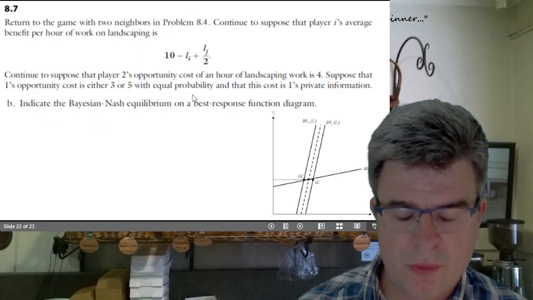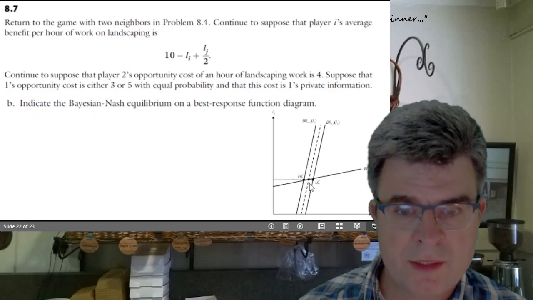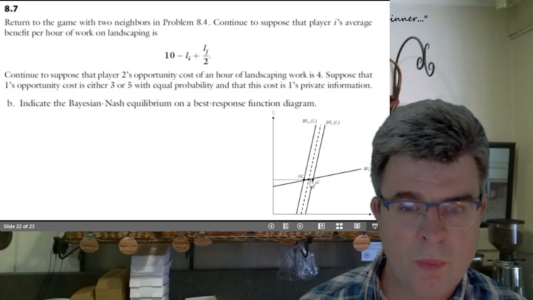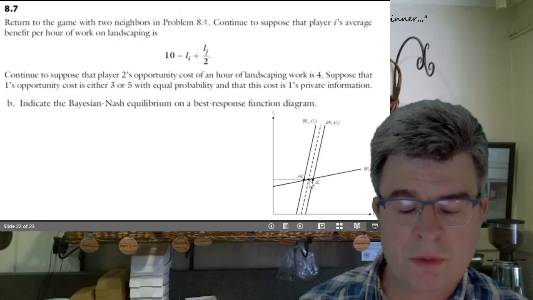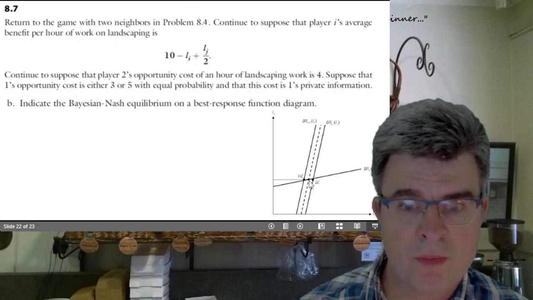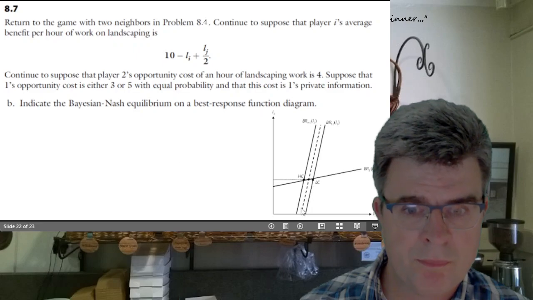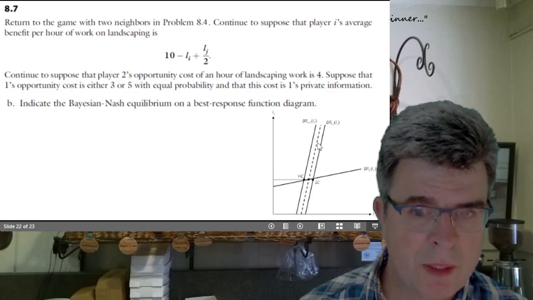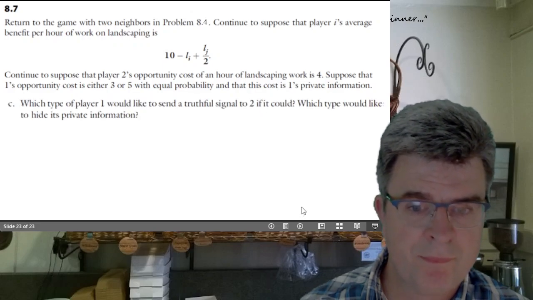Well, if you look at the graph, what you can see is that if you leave neighbor 2 in the dark, then neighbor 2 will just make an assessment of the average best response by neighbor 1. So he will make an assessment that on average the best response will look like this.